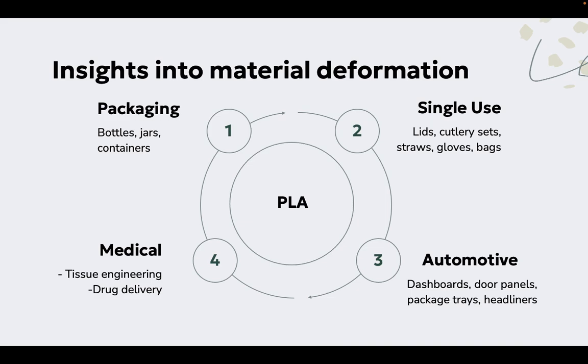PLA could also be used to manufacture single-use products, including lids, cutlery sets, and straws. Additionally, fully biodegradable PLA gloves or bags could mitigate the accumulation of plastic in our environment. Especially in disposable products and packaging materials, its biodegradability contributes to environmental sustainability.